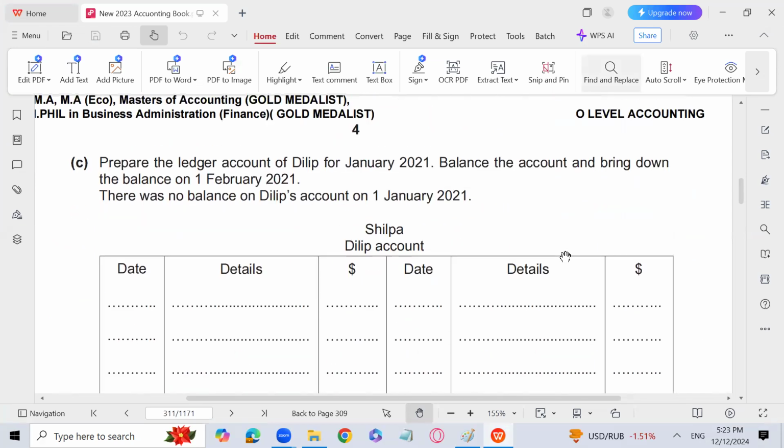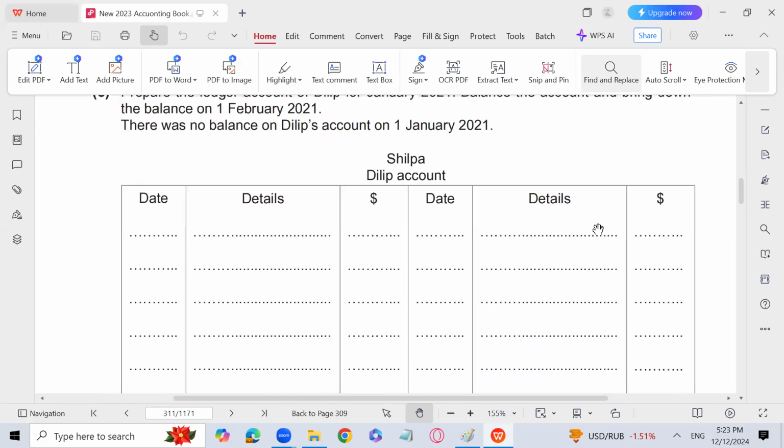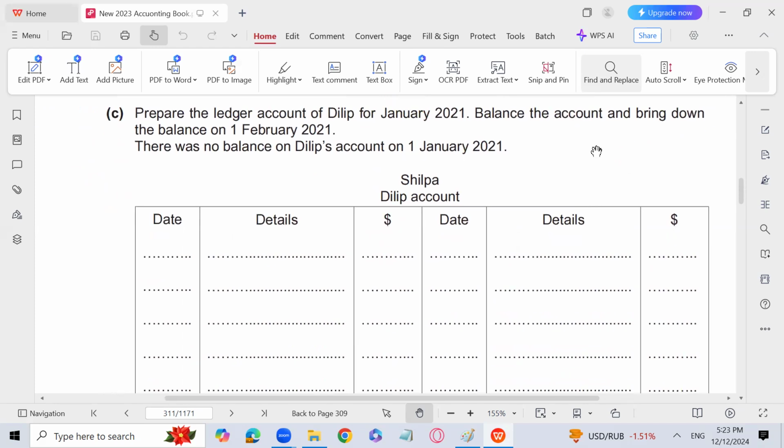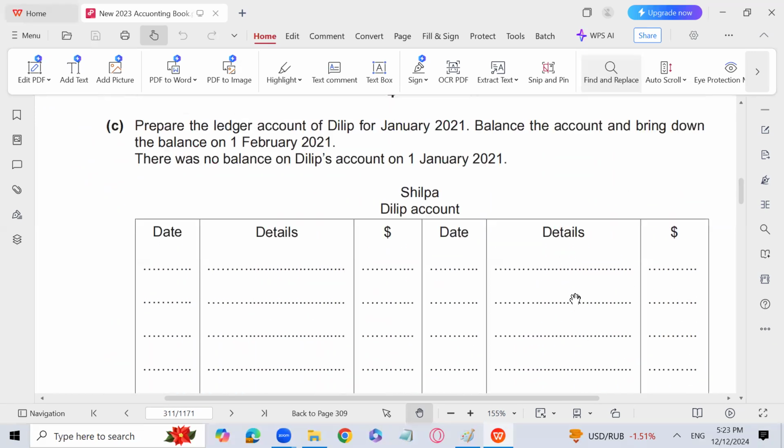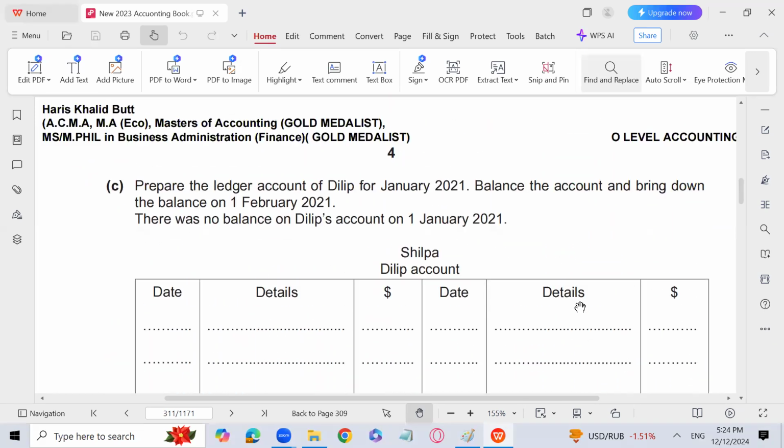Now he's saying that prepare the Dilip account for January, balance the account and bring down the balance on 1st February. There was no balance in Dilip account on 1st January 2021. So always remember, I have also written it for you, that whenever you are supposed to prepare a trade receivable or trade payable account, you need to write the balance brought down first.